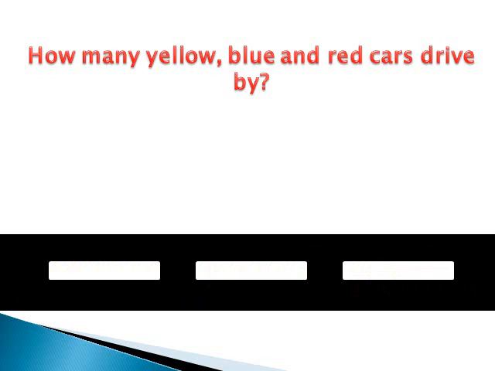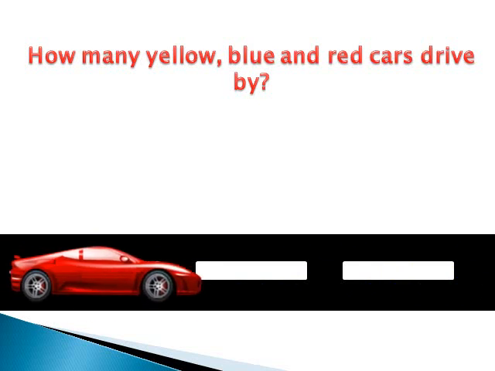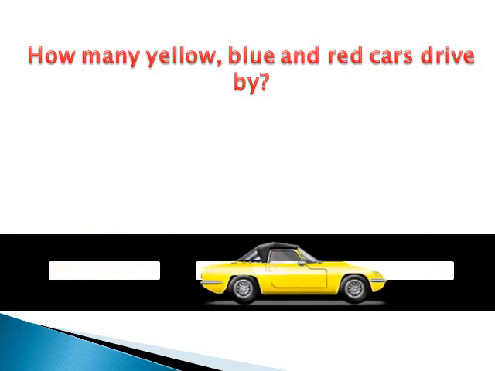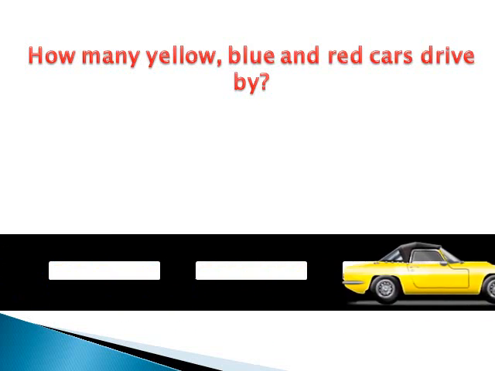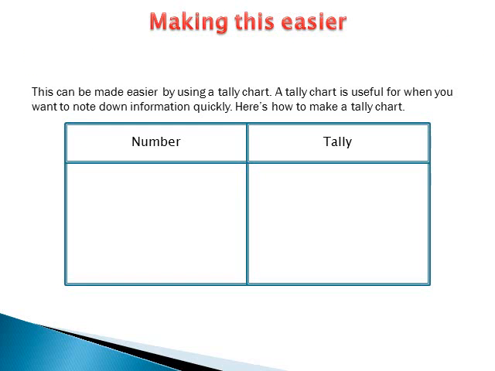A yellow car, a red car, another yellow car, that's 2, a blue car, 1 blue car, 3 yellow cars, 2 blue cars. Oh, I'm starting to get confused. I think 2 red cars, another red car, that's 3. How many yellow cars did we have? I can't remember. To make this easy, we are going to use a tally chart.